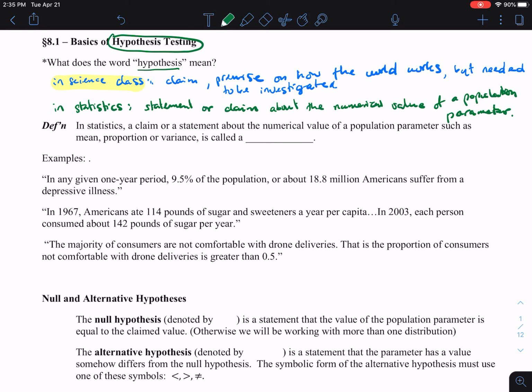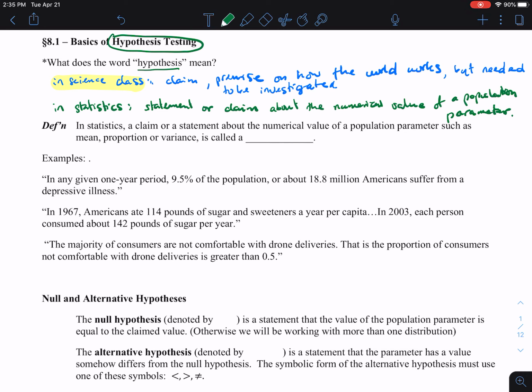It's almost the same thing as a hypothesis in a science class, but in statistics it's geared toward a claim about the population mean, standard deviation or variance, or the population proportion. Our job is to look at data or gather evidence on whether we want to support someone's claim or another hypothesis.